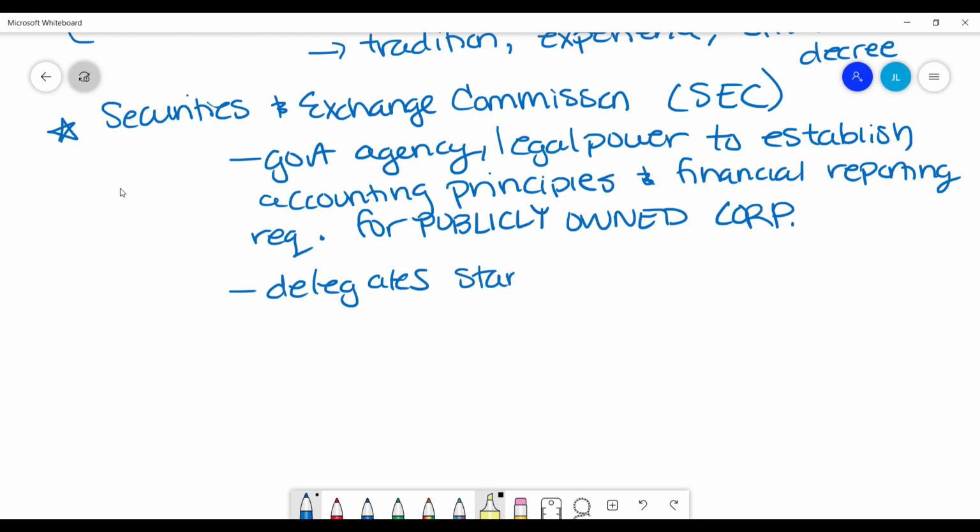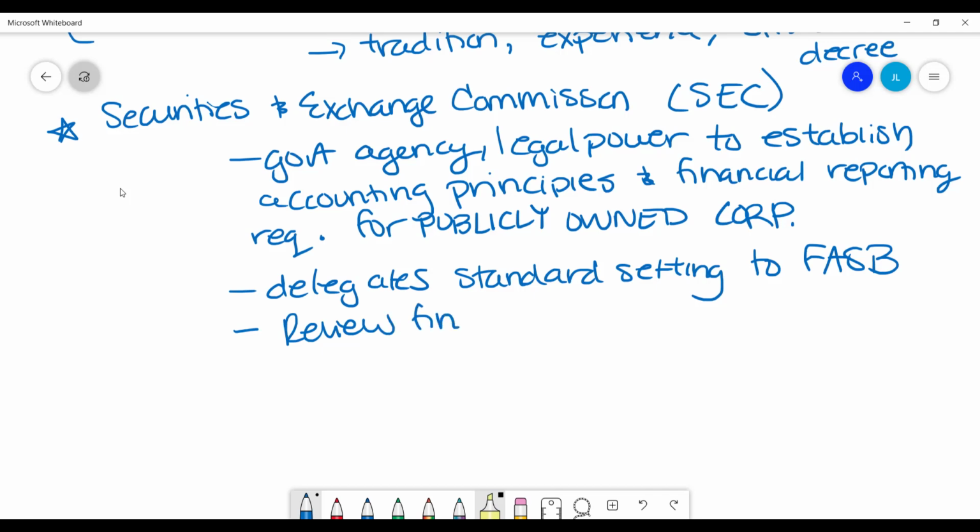Okay, so it delegates standard setting to another group referred to as FASB. It's a private group, which we'll talk about in a second. And the SEC, they review the financial statements of these public companies. Okay, and if they find anything that is not in compliance, or there's an issue that they find, or they maybe discover fraud, they can initiate legal action, meaning companies can be dragged to court.